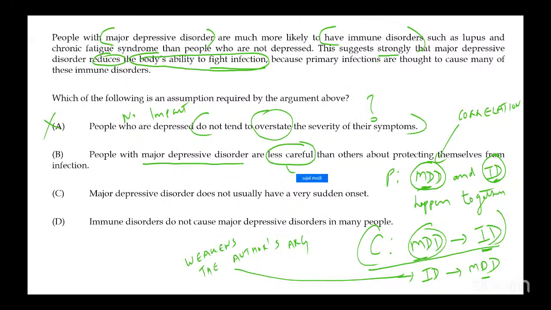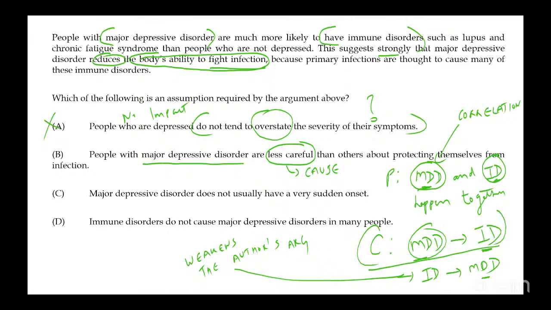Then it looks like less careful is the cause and not major depressive disorder. According to the author, depressive disorder is the cause. This says maybe less careful is the cause. So it looks like it gives an alternative explanation.